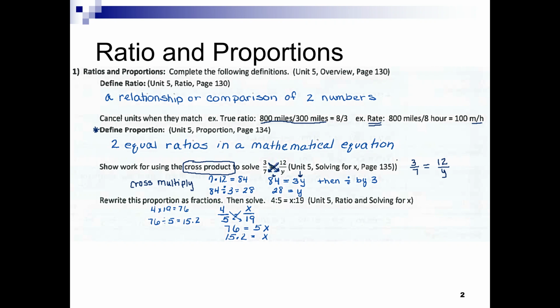You may have looked at the original proportion and saw a different way to solve, and there are other ways to solve and they're fine. So you might have noticed that if we're going across here, 3 times 4 equals 12. And so across the bottom, I would need to do the same and take 7 times 4, which would again give me that y is equal to 28.